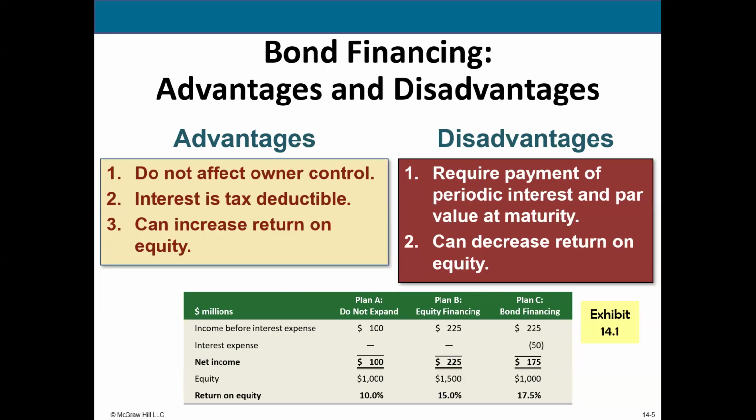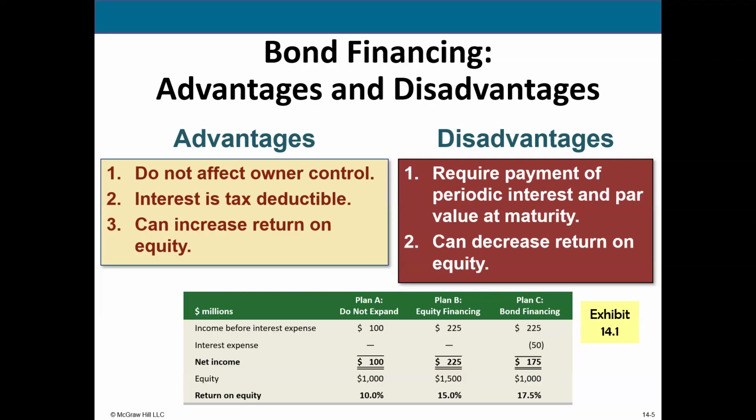Options A and B, there's no interest involved there. No expansion, obviously no interest. If the company's issuing stock, there's no interest in stock. And through bond, well, there's interest payments involved here. So the company pays the interest payments. They receive the bond financing, 225 mil. They pay out 50 mil in interest expense. That's going to obviously reduce the net income down to 175.